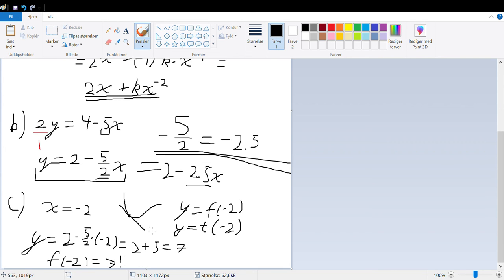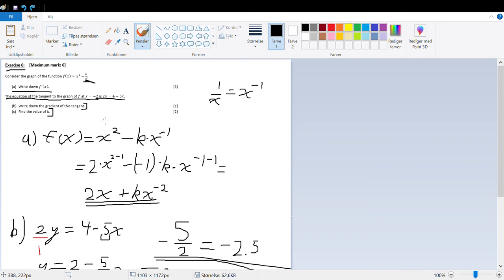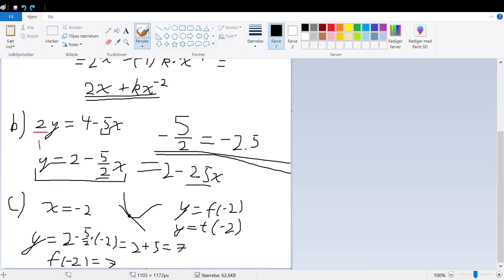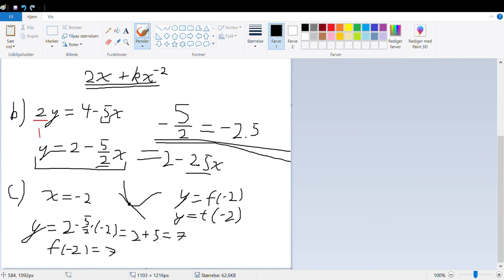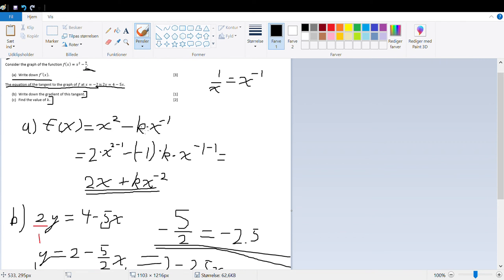Wow, that's quite cool, actually. That's really useful because here's the thing. We've got here our f. It's x squared minus k over x. So if I give myself a little bit more room, I can do this very nicely. So like I said, x squared, and then k, and then x to the minus 1.